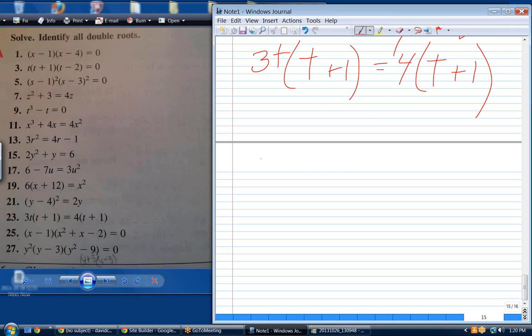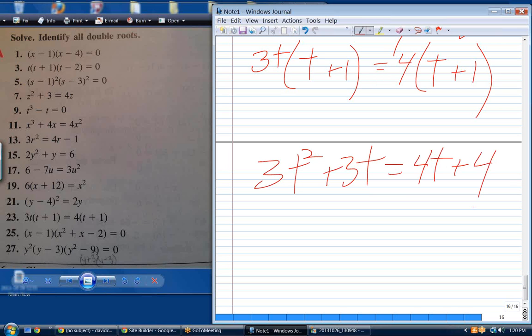Okay, so distribute these for me. 3t squared plus 3t equals 4t plus 4. Now combine. You get negative 3t squared minus t plus 4. Minus 4, sorry.